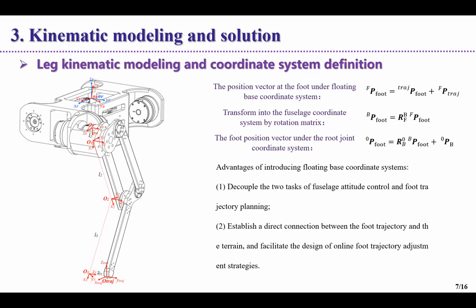Therefore, the coordinate system of all motor joints from the root joint to the end of the foot can be established according to the principle of the standard DH method, so as to describe the kinematic characteristics of the leg.